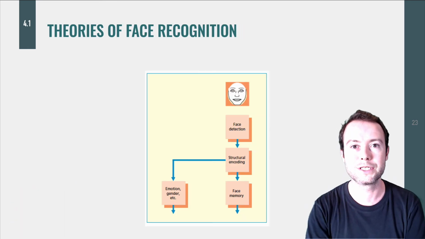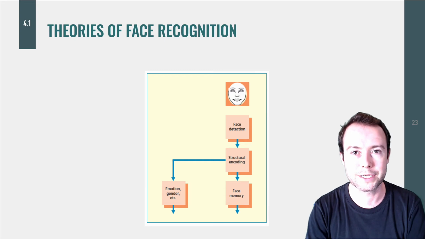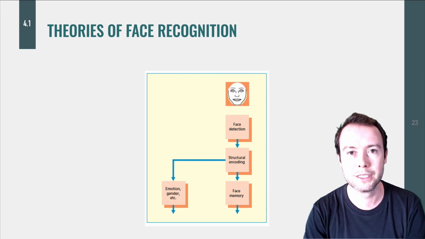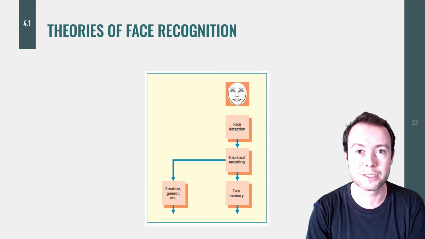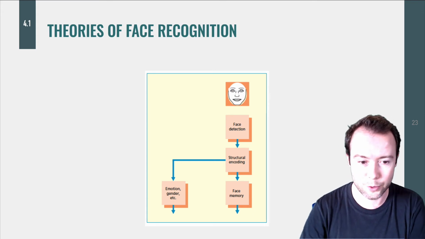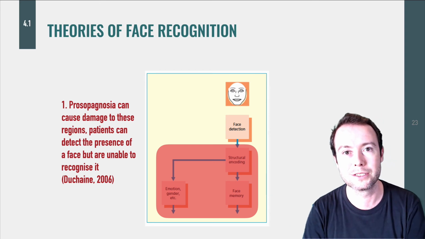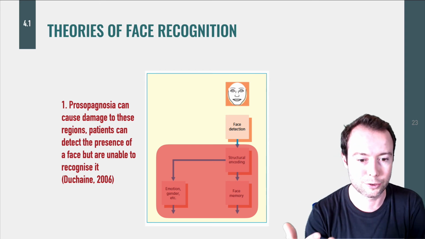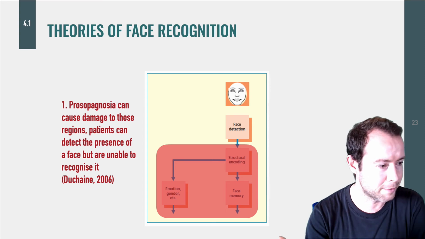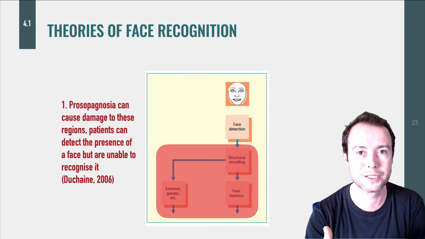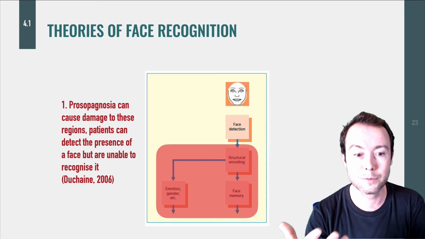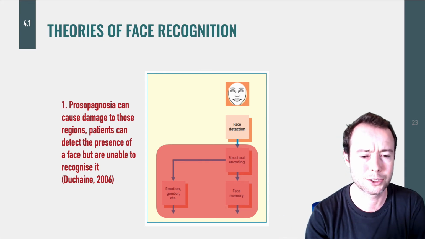So with the different stages of this process model of face perception, you can observe patients that have deficits at different stages of this. At one level we can see prosopagnosic patients that have deficits across both areas, where they might be able to detect the presence of a face, but they're unable to recognize it and they're unable to process expressions.